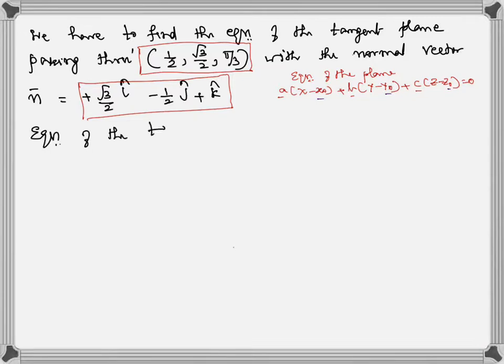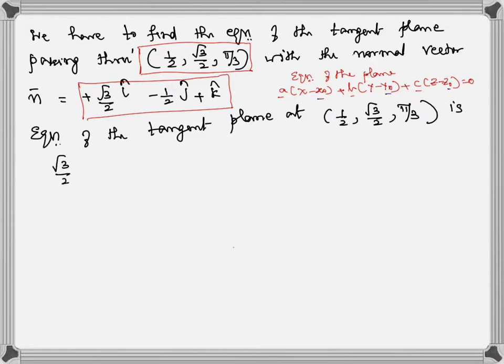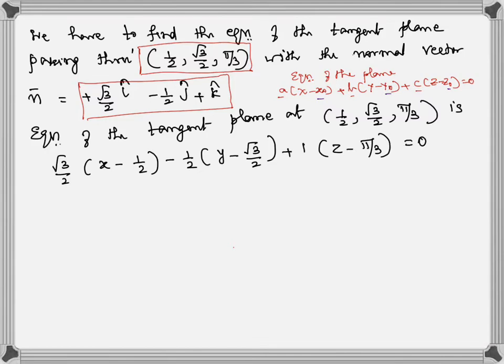So the equation of the tangent plane at (1/2, root 3/2, pi/3) is given by root 3/2 (x - 1/2) + (-1/2)(y - root 3/2) + 1(z - pi/3) = 0.